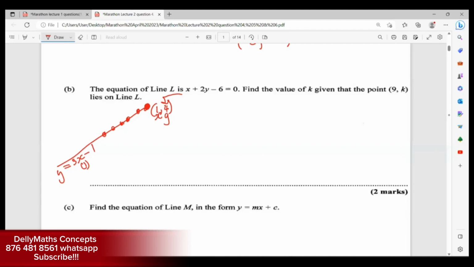And vice versa. If you take the y value and put it in, you can find the x value. As long as it is on the line, you'll get the truth. If it is not on the line, you won't get the truth. So they are telling us now that this point is on the line.